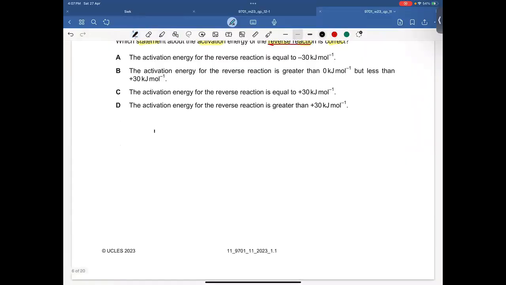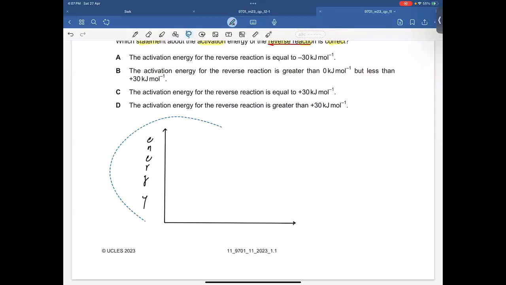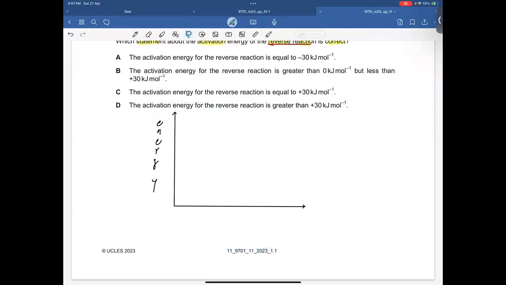Let me make the energy profile diagram. On the y-axis, we have energy. On the x-axis, we have reaction coordinates or progress of reaction.